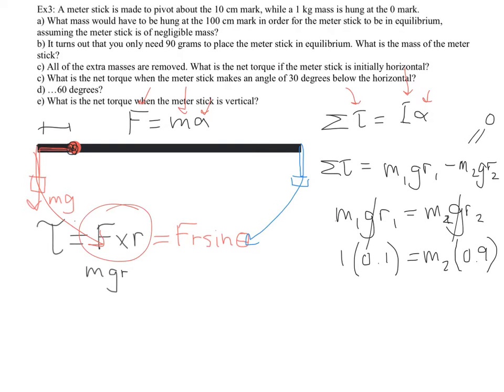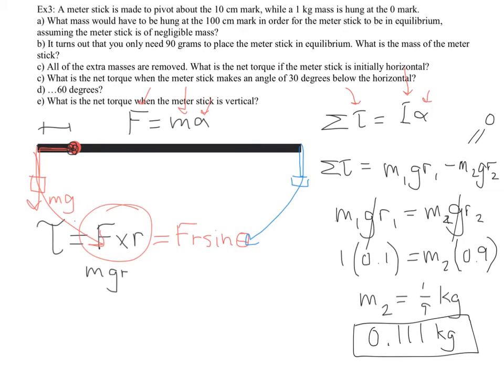So it's 10 centimeters from one end, 90 centimeters from the other, which means that M2 is going to be 1/9, as it turns out. So 1/9 of a kilogram, which is 111 grams, or 0.1 repeating kilograms.